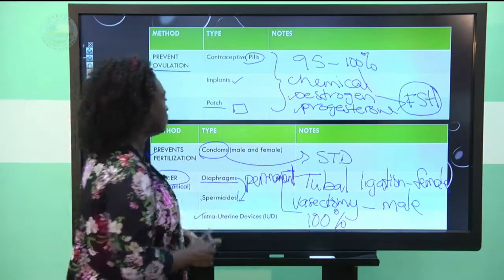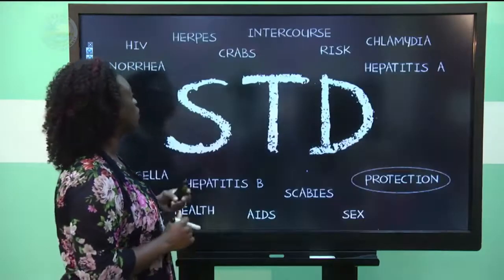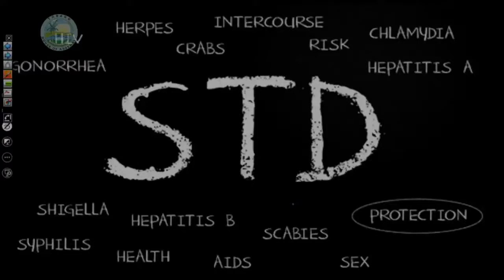And as we talked about STDs, I just want to end on the note that when you're engaging in sexual intercourse, you need to be aware that there are dangers, for want of a better word, associated with it. So, of course, we know the acronym ABC. A, abstain, and that is 100% safe.